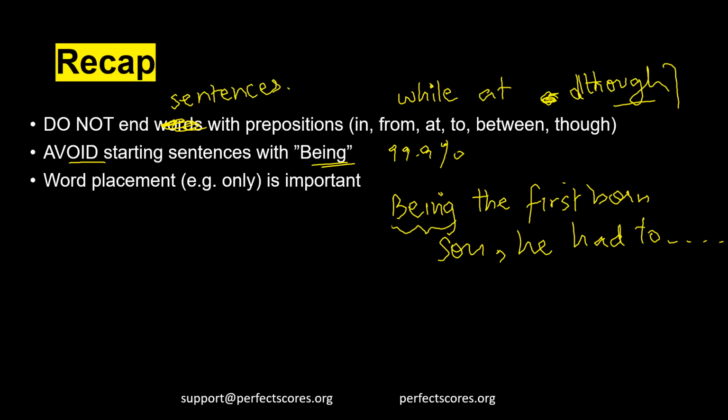And the third is word placement. For example, the word "only". So if I say, I eat breakfast at 9. Based on where you place the word "only", you can get different meanings. For example, "only I eat breakfast at 9", or "I only eat breakfast at 9", or "I eat only breakfast at 9", or "I eat breakfast at only 9". So there can be different variations that you get.